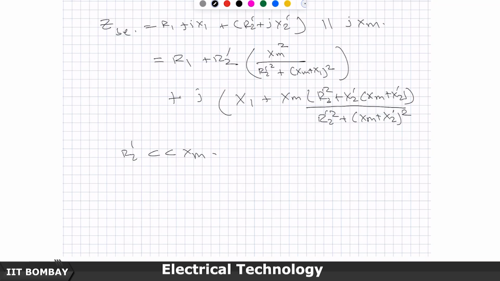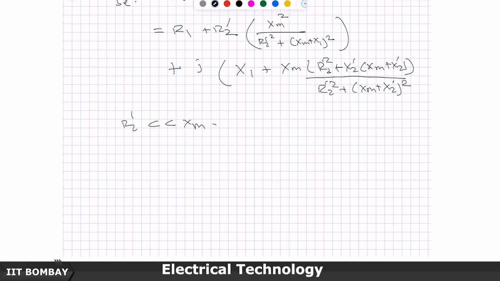Even though the no load current in the induction motor is higher than the no load current in the transformer, because there is an air gap sitting there, and the air gap requires more magnetizing current to flow, so Xm is also a bit lower than what you may see in the transformer, yet R2 dash will be much less than Xm, the magnetizing impedance. The magnetizing impedance still dominates. No load current is much less than the full load current.